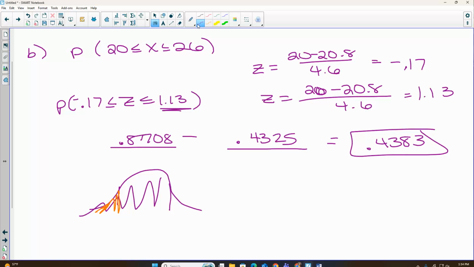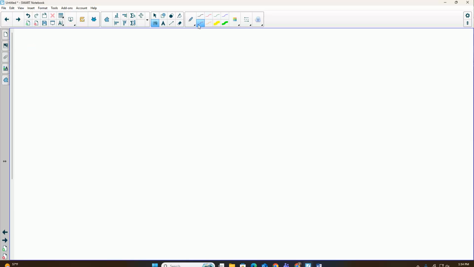Other questions on that, or do we need to look at A or C? Number 7 tells us our mean is 39.67, standard deviation 4.38.